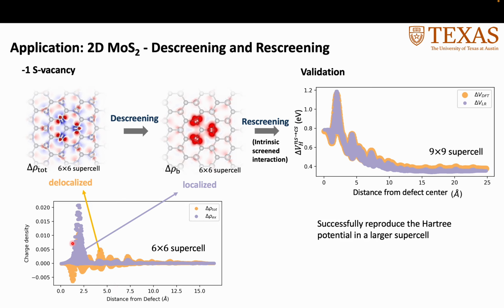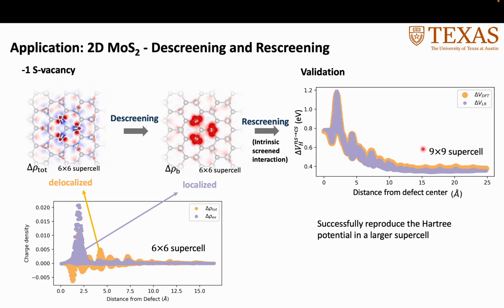It's easy to see that the bare charge density is more localized than the total charge density, which means we can use a relatively small supercell to capture the bare charge density's features. And we do the rescreening in a larger supercell.